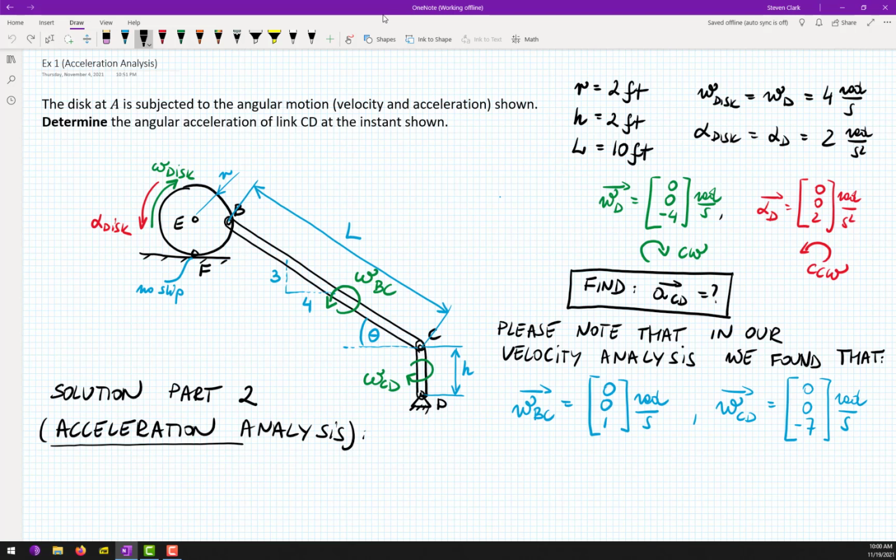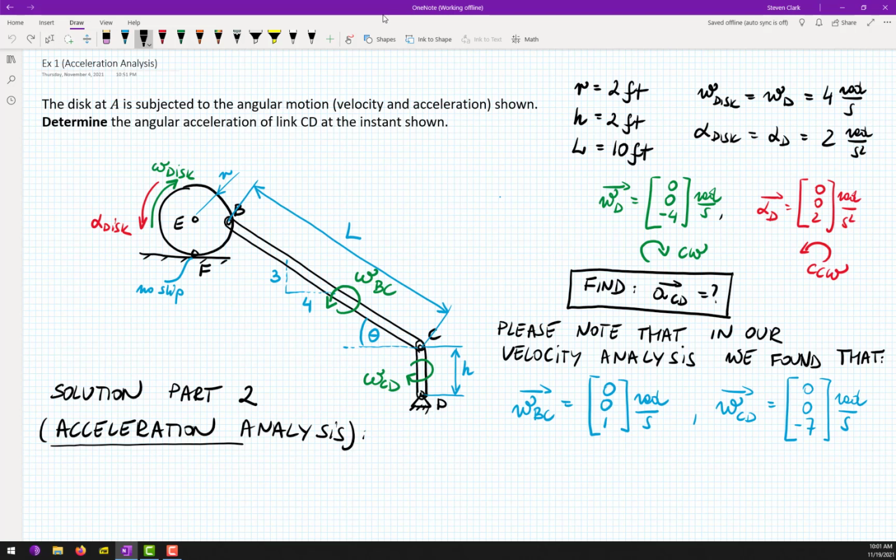They also gave us every piece of information about the disk, by which I mean omega of the disk and alpha of the disk. They are given here in magnitude form and here vector-wise. Omega disk rotates clockwise and alpha disk is oriented counterclockwise.